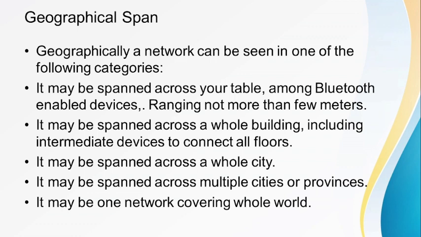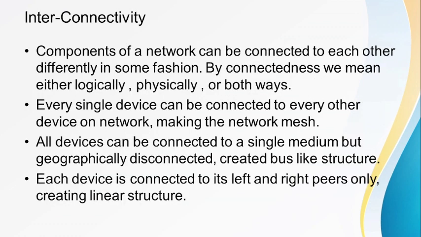A network may be spanned across a whole city, like the whole of Nairobi City, Kisumu City, Eldoret, Nakuru. A network can span across that city. A network may also be spanned across multiple cities or provinces. And finally, in terms of geographical span, a network may be covering the whole world. A good example is the internet, which covers the whole world.